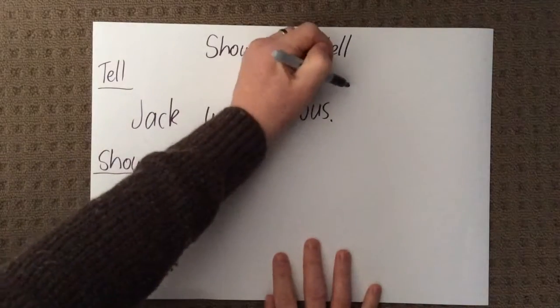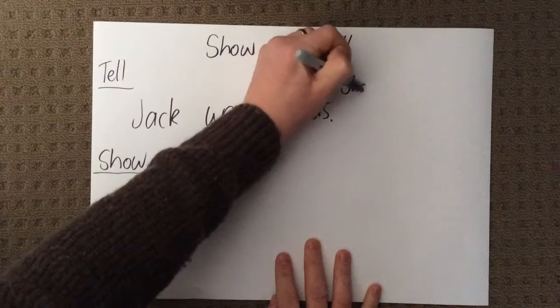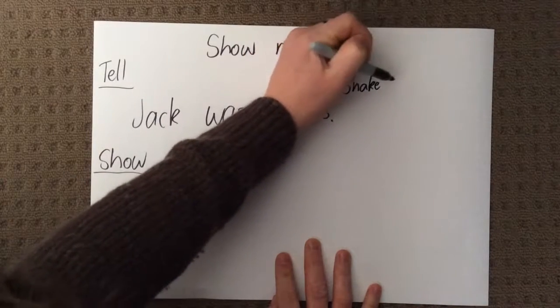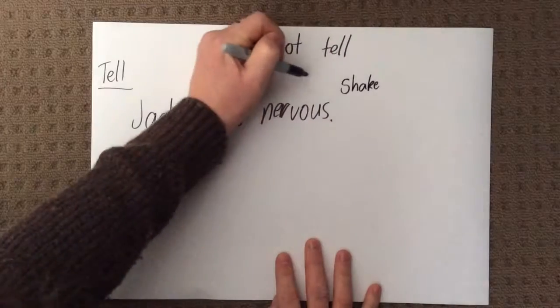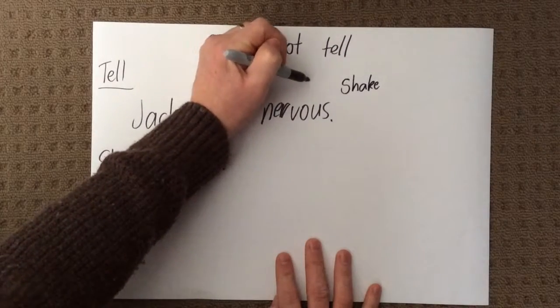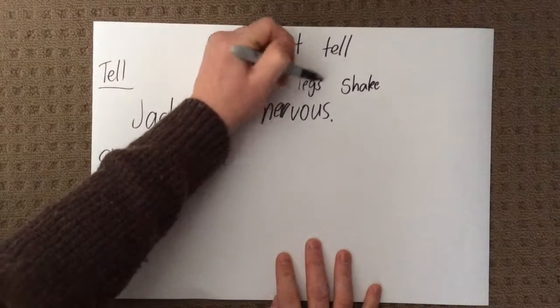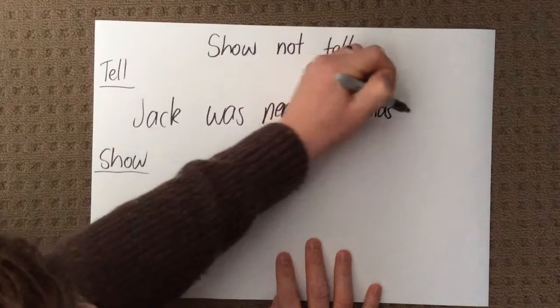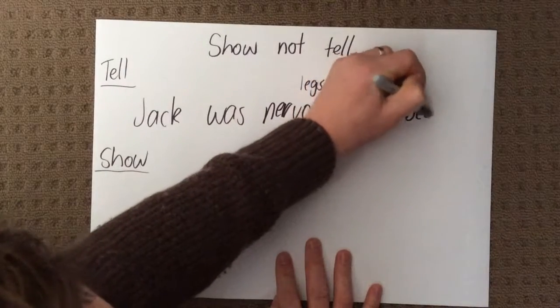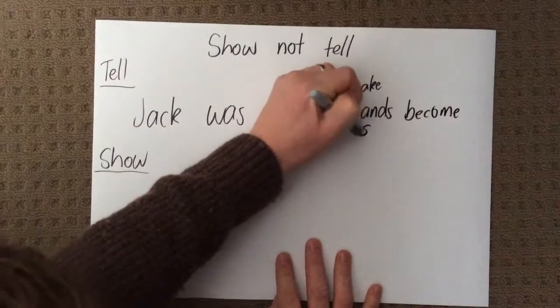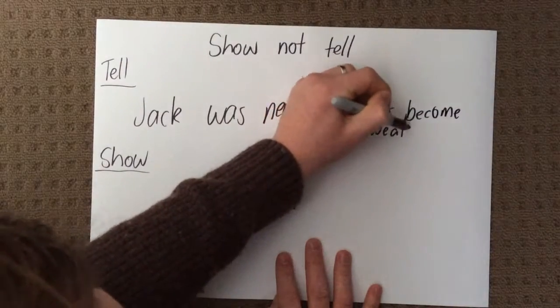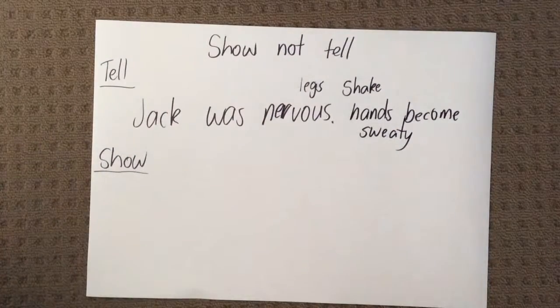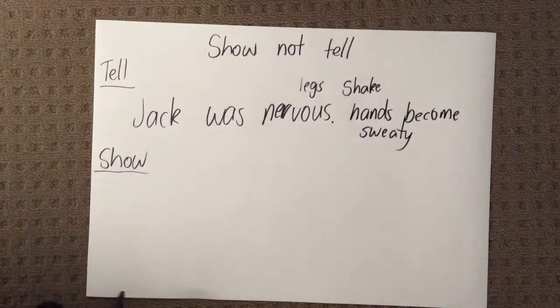What happens to you? So I'm going to write down some ideas. When you're nervous, maybe you start to shake. Your hands might shake. Your legs might shake. Your hands become sweaty. Yeah. I might think of another word. Some really good verbs is how you'd make this story a lot better.